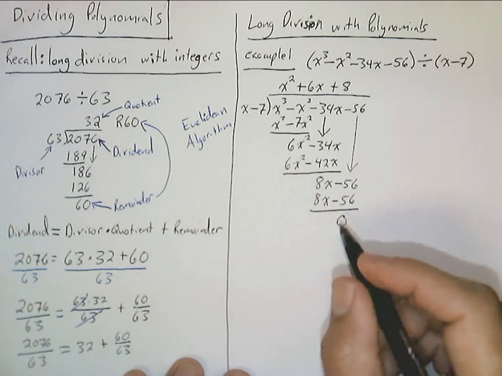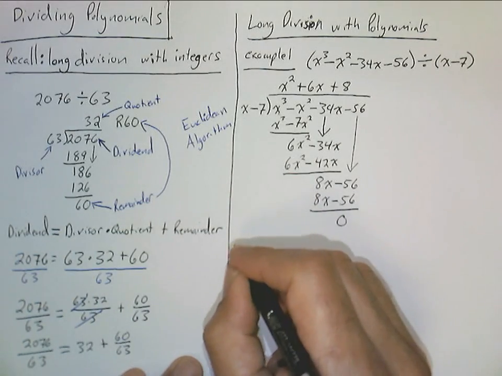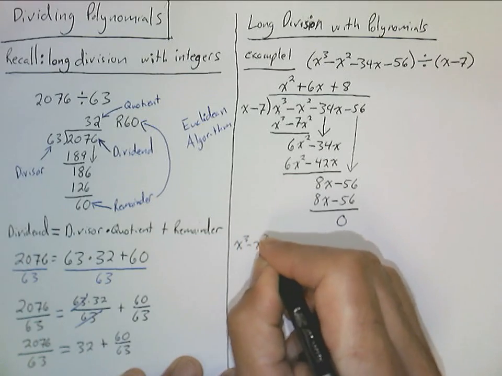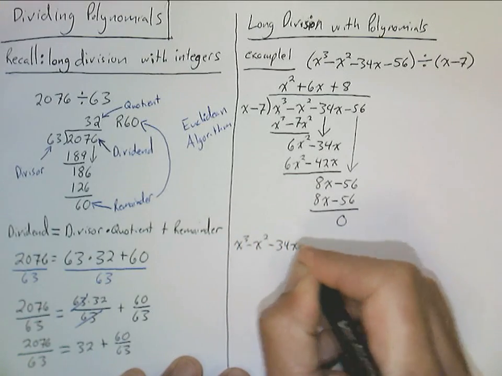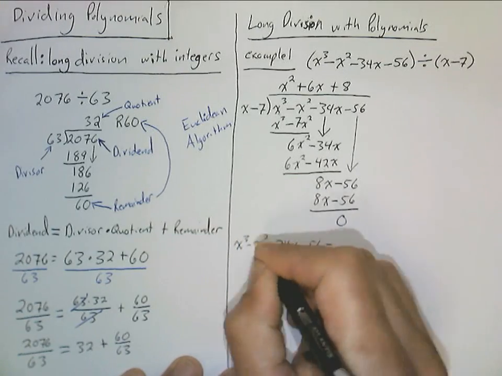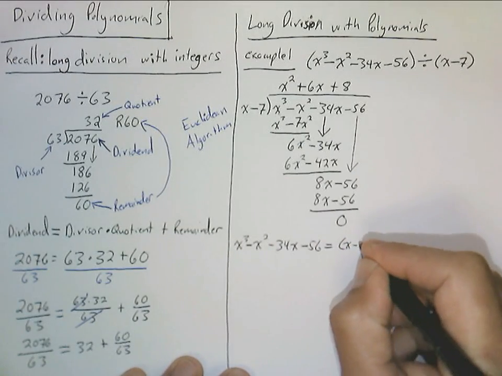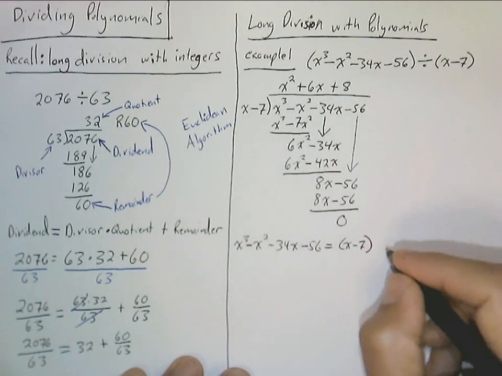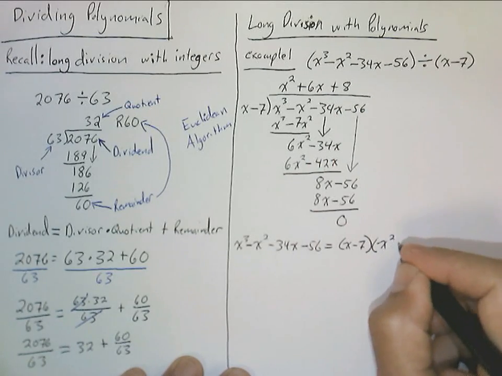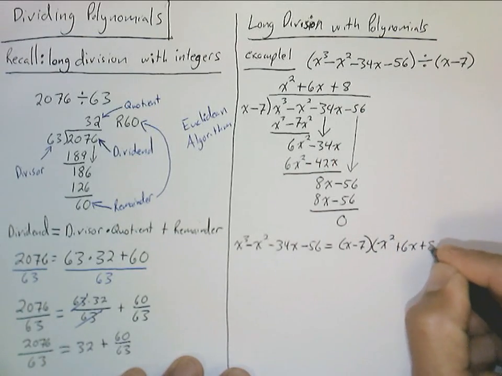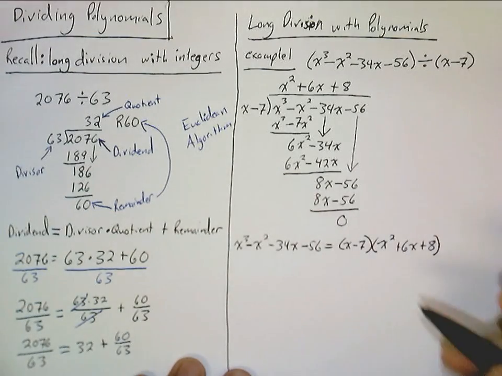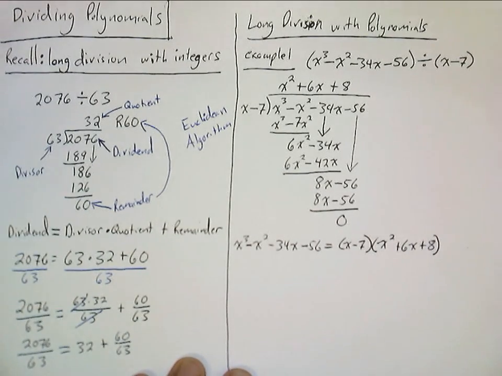So what this really means is we can rewrite x cubed minus x squared minus 34x minus 56 as the divisor x minus 7 times the quotient x squared plus 6x plus 8, plus the remainder of 0, but of course we don't need to write that plus 0 out there.